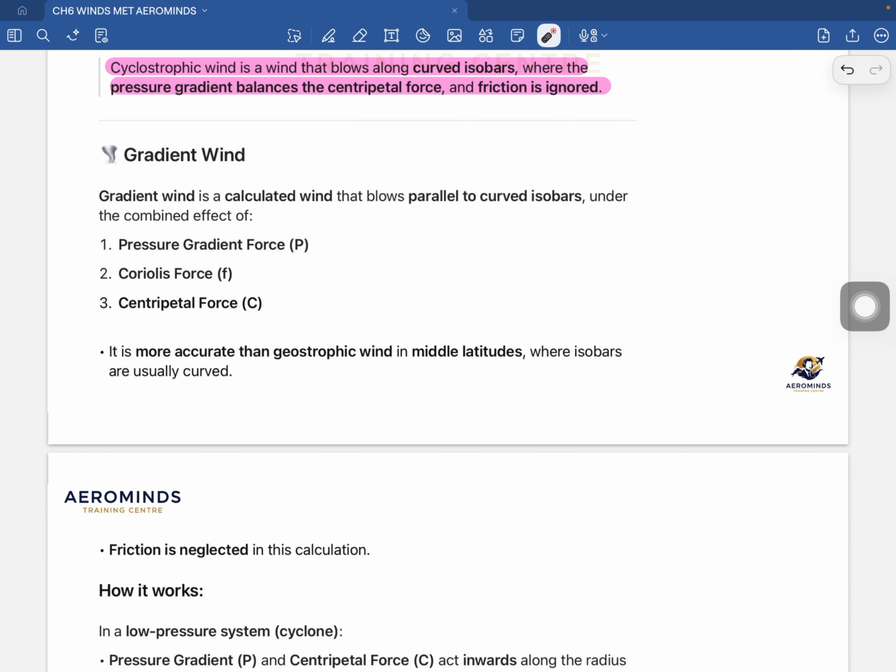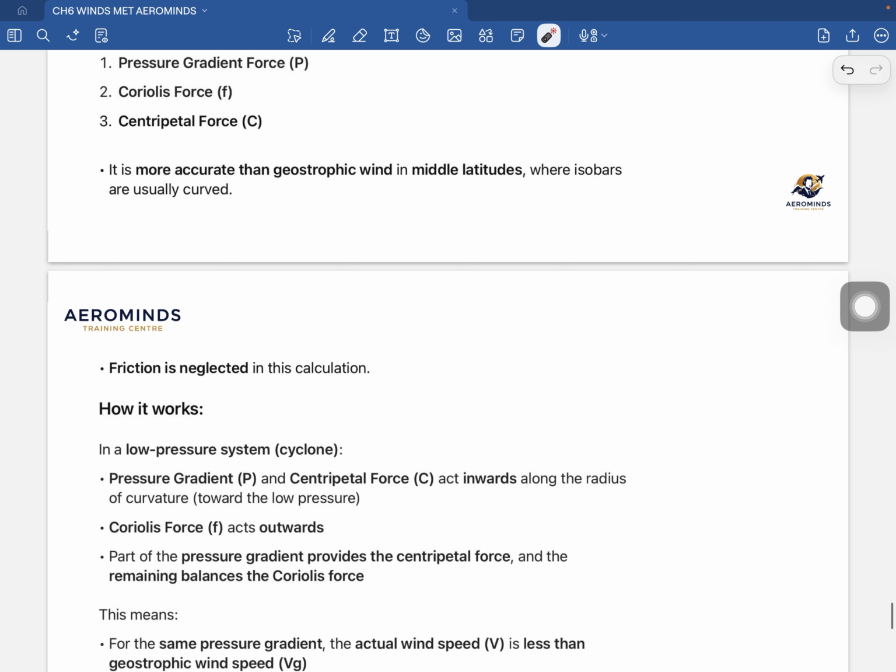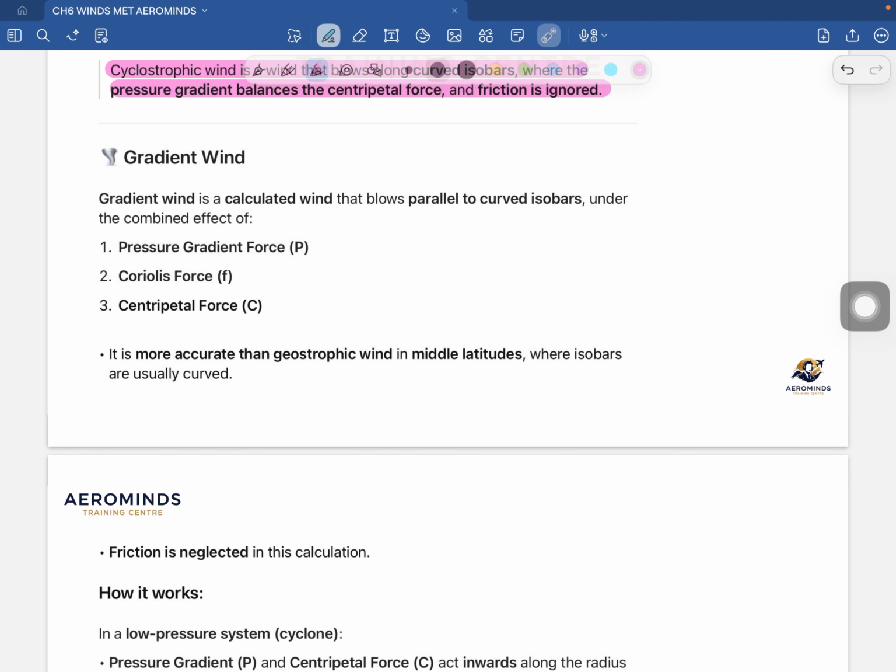Now let's understand how gradient wind works in a cyclone. So we'll mark this. Gradient wind is calculated wind that blows parallel to the curved isobars under the combined effect of the PGF, the CF, which is Coriolis force, and the centripetal force.